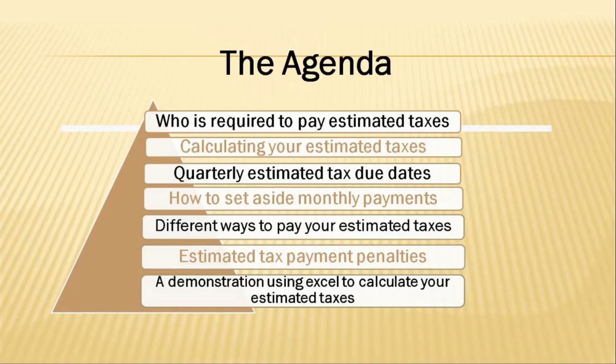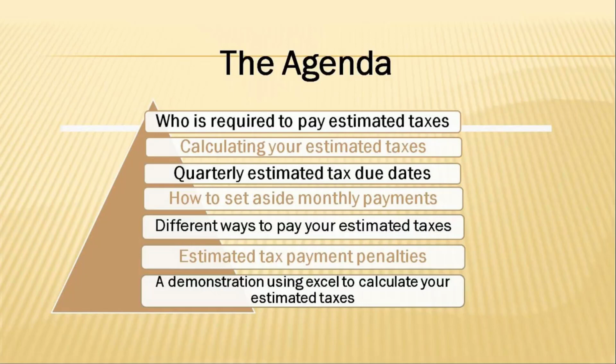Now the spreadsheet is actually twofold. You can use it strictly as a way to track your income and your expenses, and you can also use it to estimate your quarterly taxes. So either way, you can use it for either task.